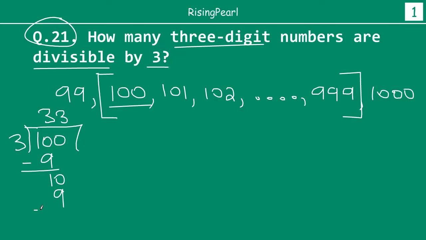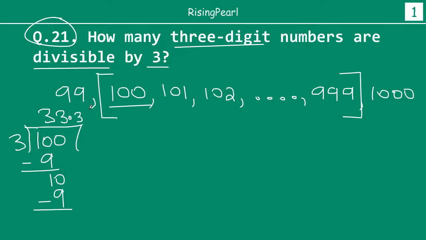And then we have to get 0.3. In other words, when we divide 100 by 3, we don't get a whole number. The quotient is a decimal number. That means 100 is not divisible by 3.